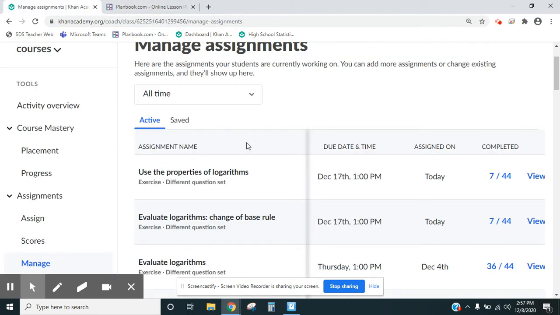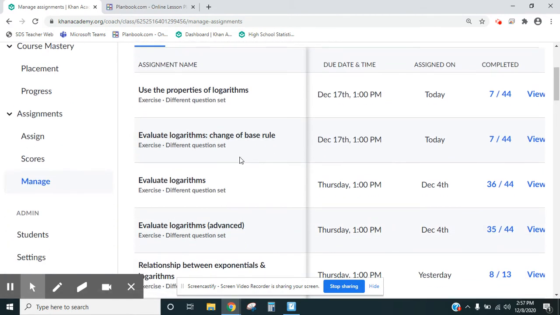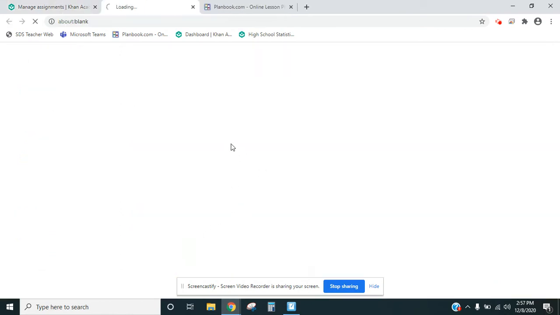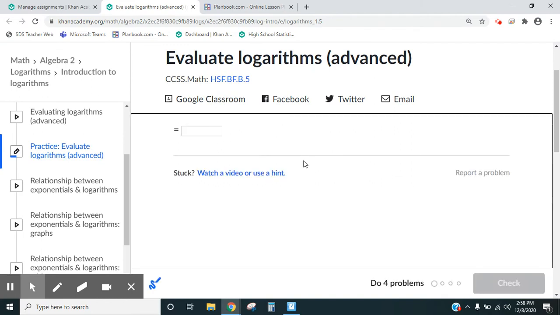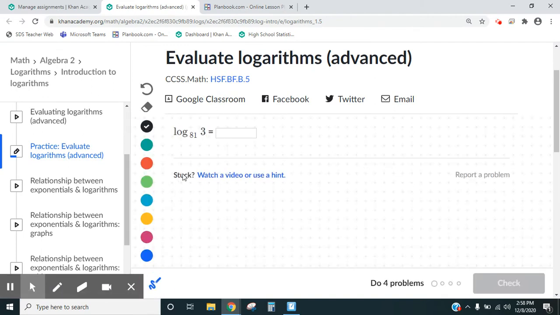Some calculators have a log button on them, some do not. Some have a log button that has a base that is not what you'll have in your questions, and sometimes you'll have a log problem that is hard to do in your head, just like this one here. So these are advanced. Here's how you can do them on your calculator.